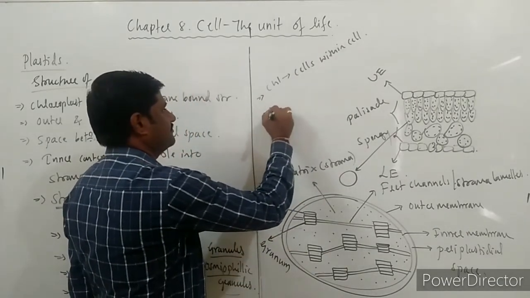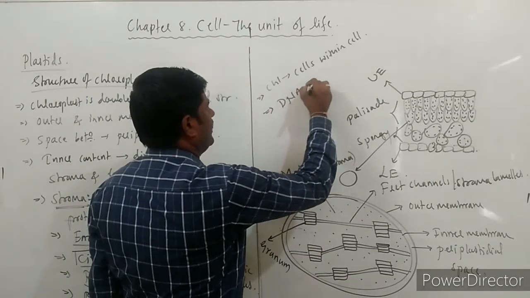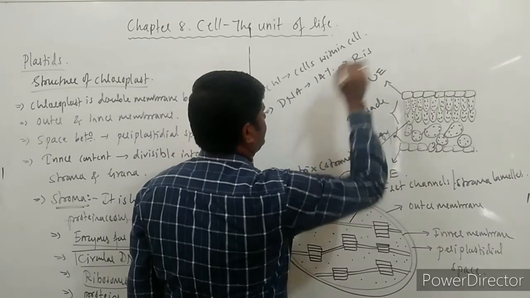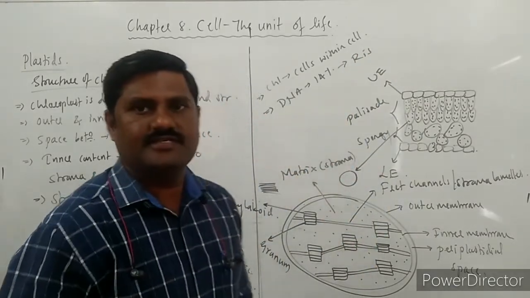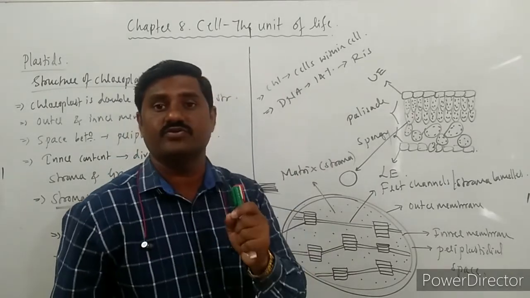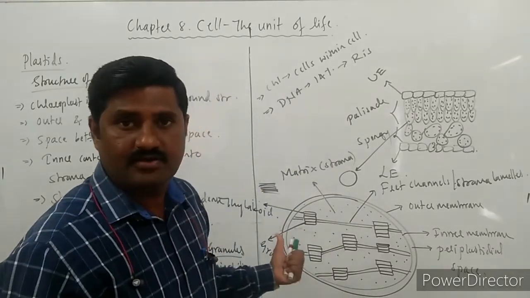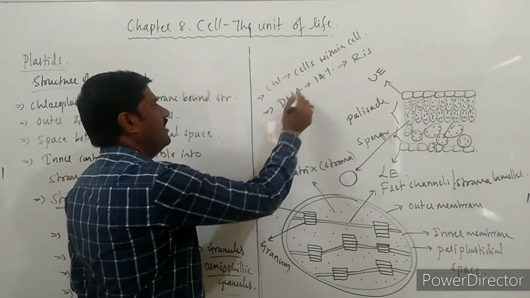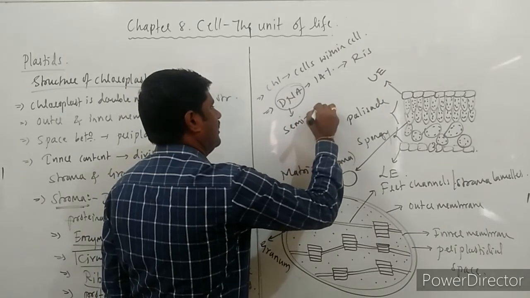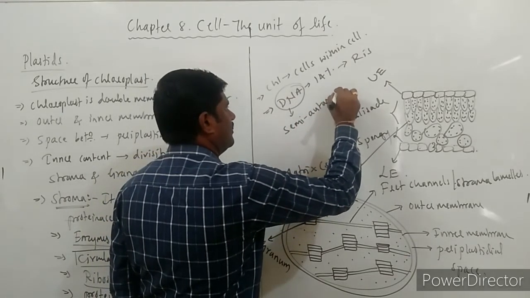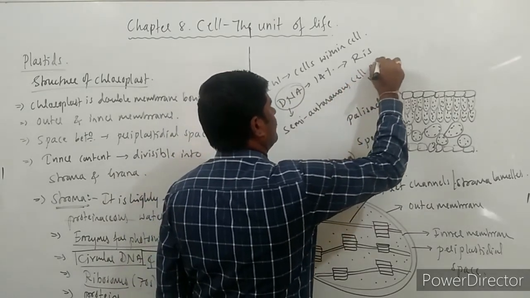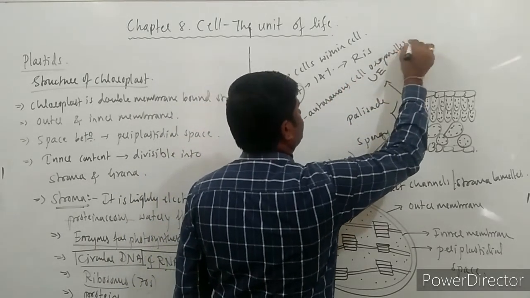And the DNA is about 14%. It was discovered by Riss. Riss is the name of the scientist who discovered it. 14% of DNA is usually present in this chloroplast. And since they have their own DNA, these are called semi-autonomous cell organelles.